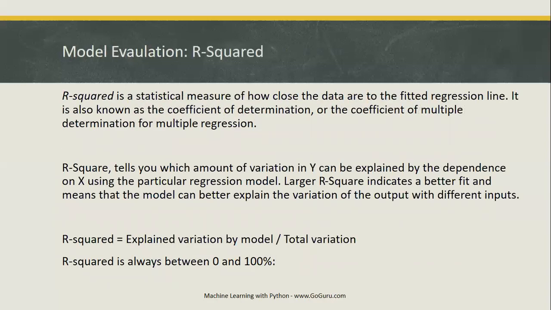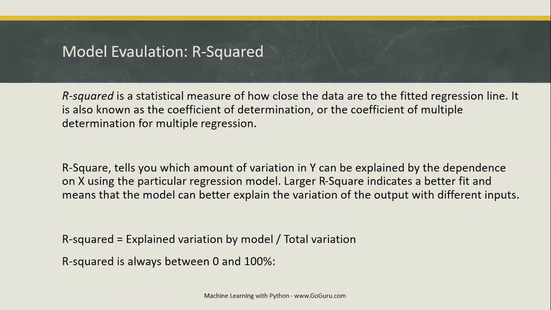And finally, we are going to evaluate our model. How can we evaluate our model? There is a metric called R square that we can use. When we run R square, which is similar to mean square error, it will tell us how close the points are to the fitted line. It also tells us what amount of variation in y can be explained by x.